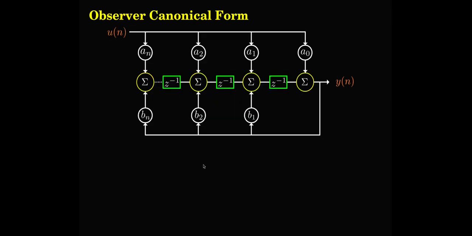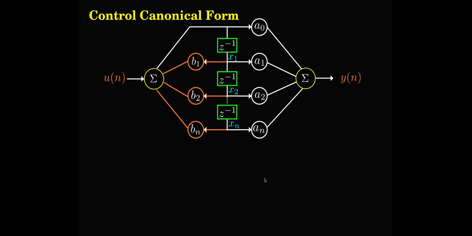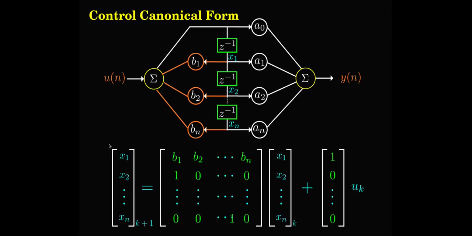Now we take the observer canonical form. So if you look at the output equation here and look at the state equation of the control canonical form, observe this.